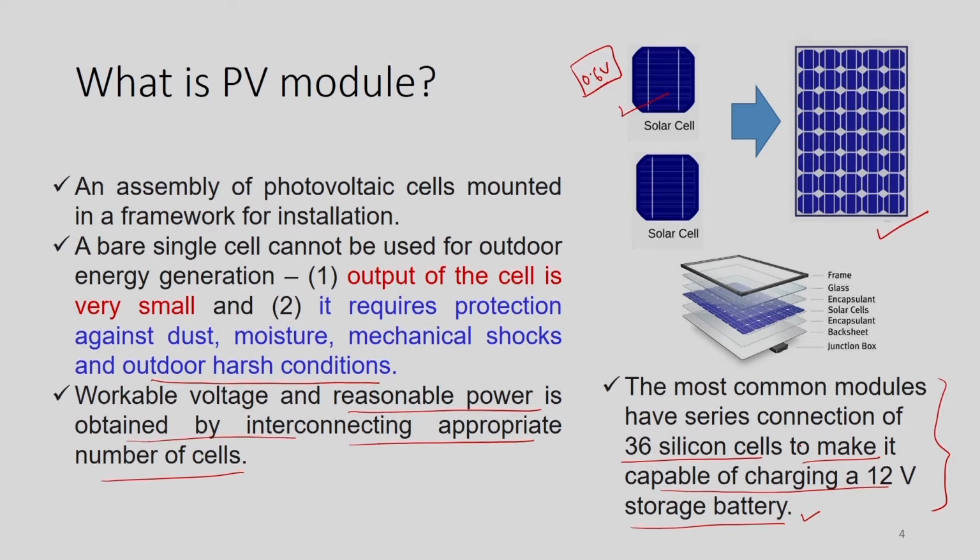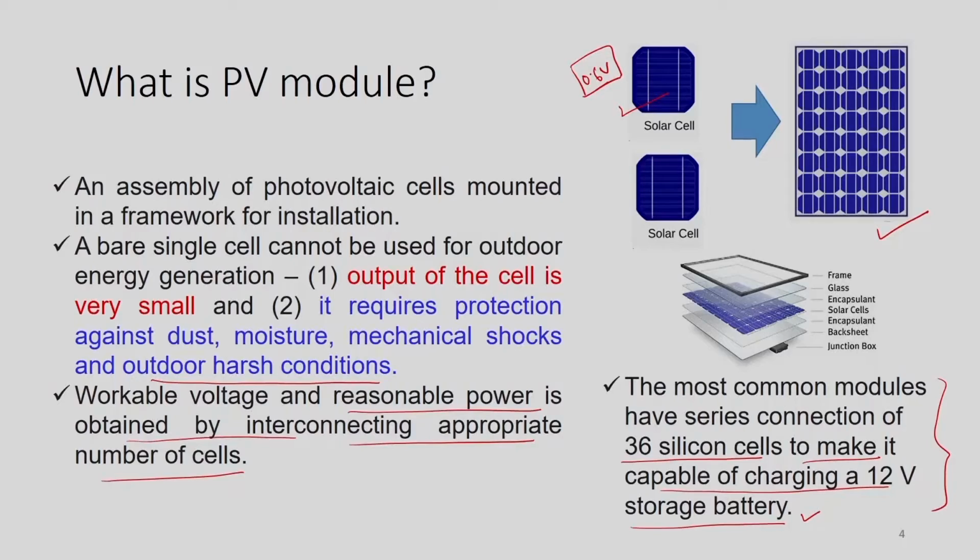Of course, we will have more numbers of cells in the international market. If we look very precisely at this module, what are the different layers it is composed of? Of course, we need a junction box at the end, and this is the back sheet.